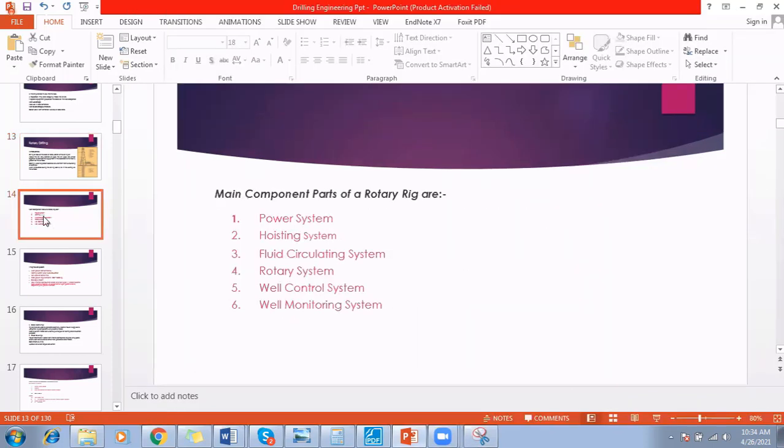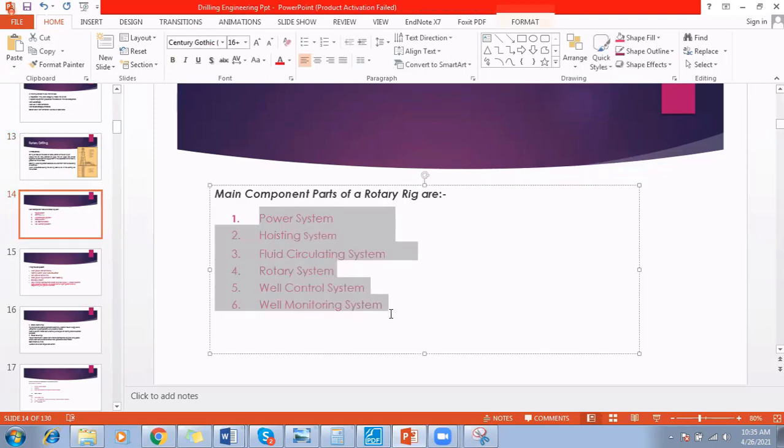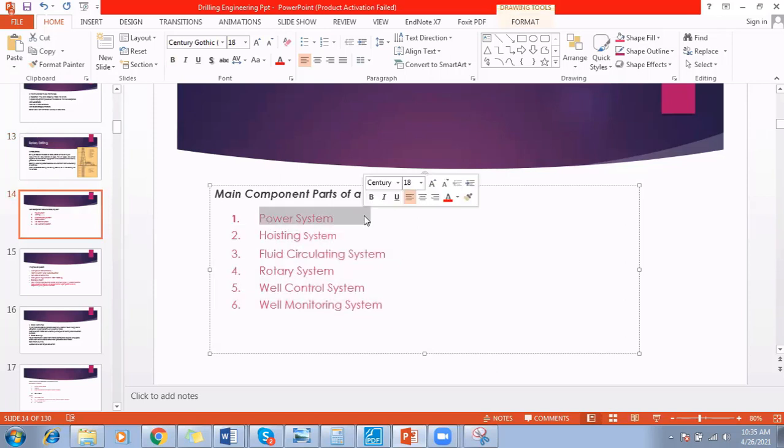Coming toward the components of rotary drilling, these are the main components that we will discuss one by one. Firstly, the first part of the rotary drilling operation is the power system.